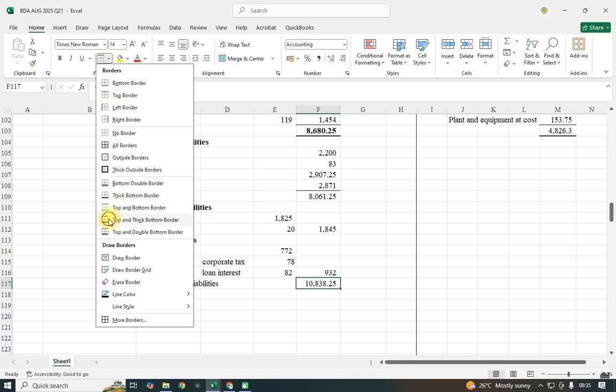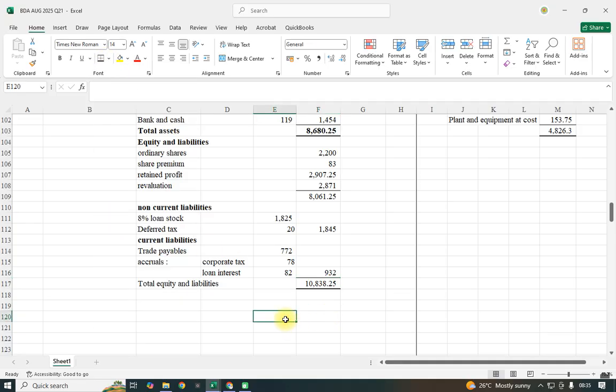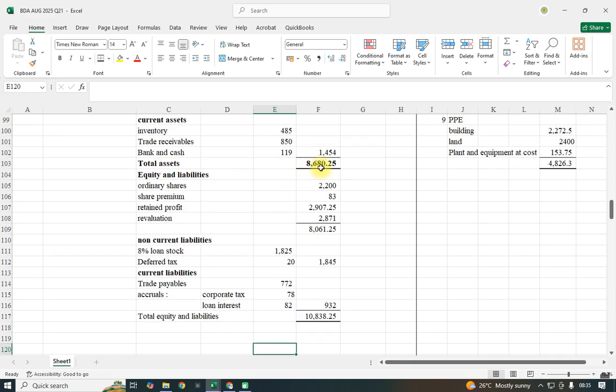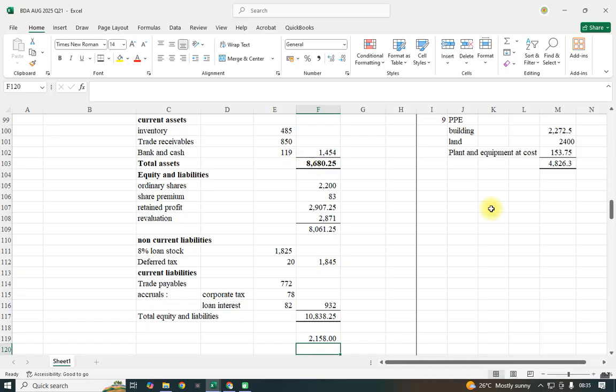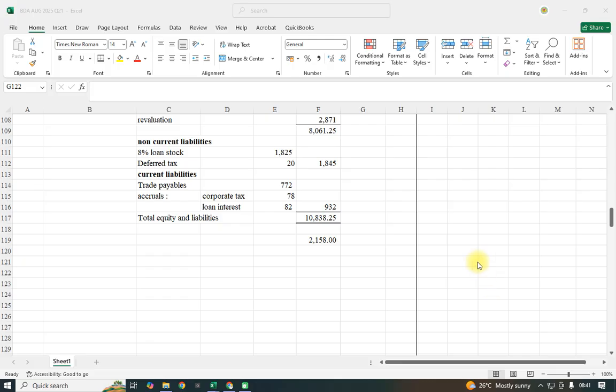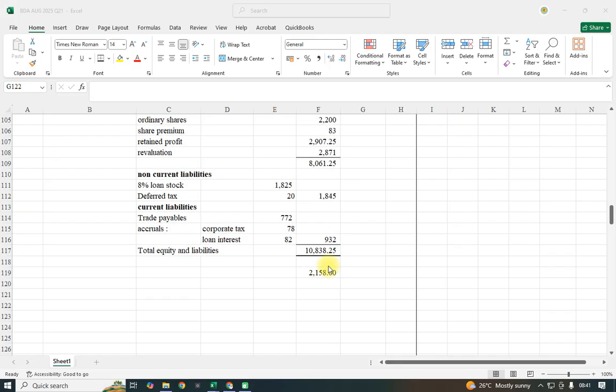This one is adding up to 10, 8, and this one was adding up to 8680. So there's a discrepancy that we need to counter check. A discrepancy of 2158. Let me just counter check. Okay, so we shall revisit. Let me revisit that because we are having a very big difference of 2158.